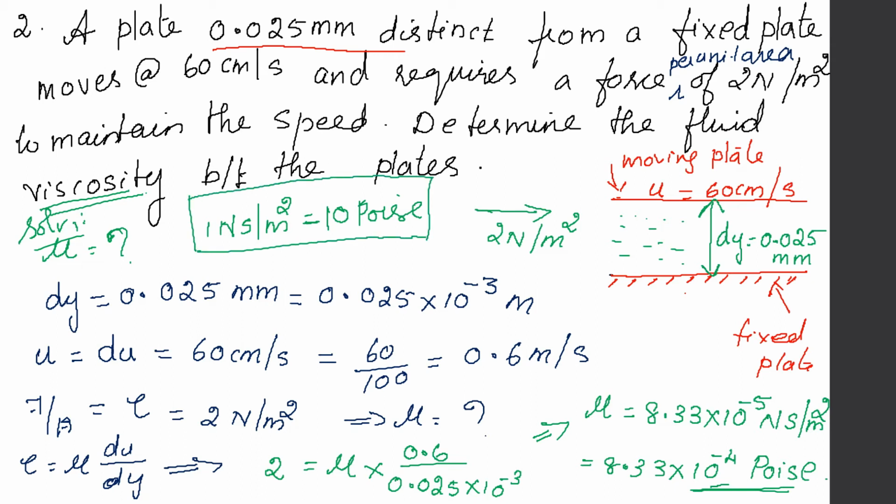Okay, I will highlight this. 1 Newton second per meter square is equal to 10 poise. So we get our dynamic viscosity mu is equal to 8.33 into 10 raised to minus 4 poise.